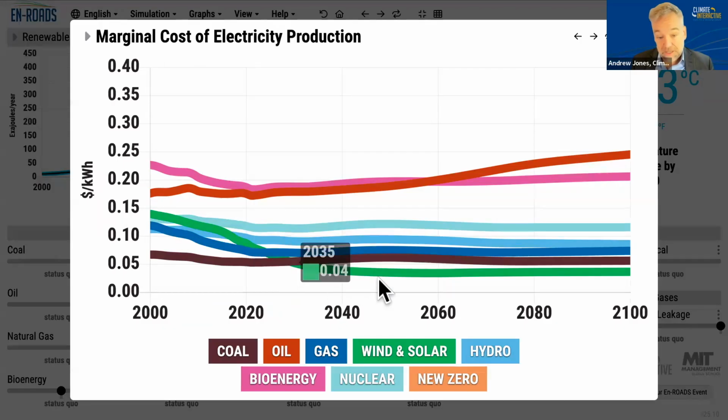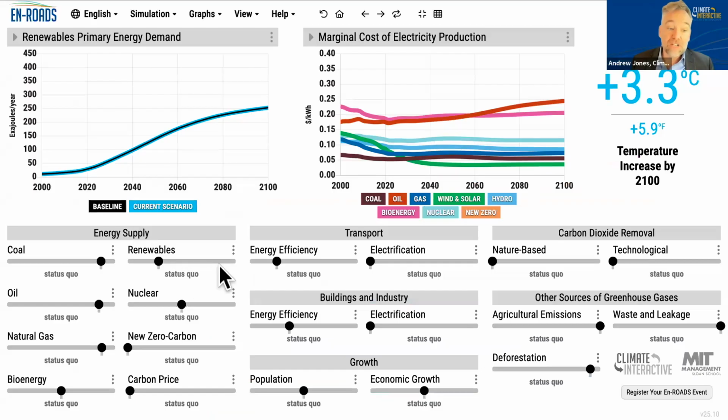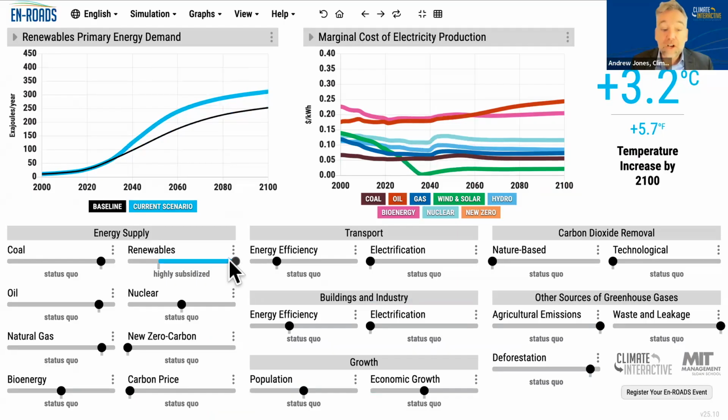And if it got even less expensive, let's explore with a subsidy. So I'm going to subsidize it. That's what I do when I click on the right here, and we're going to get some pretty good growth in it. However, it gets really, really inexpensive, but the cost starts to go up. You see that green line? It starts to get more expensive as we are adding more of this variable electricity to the grid.